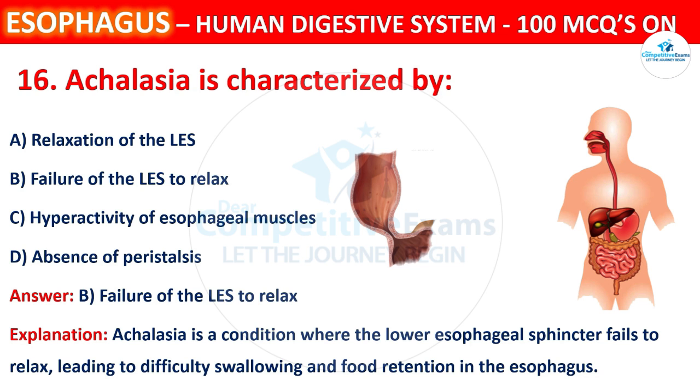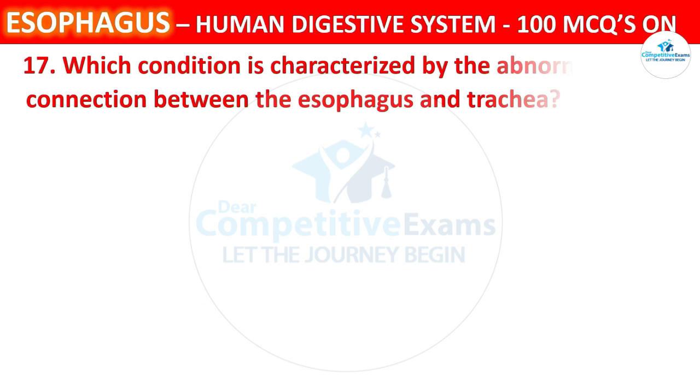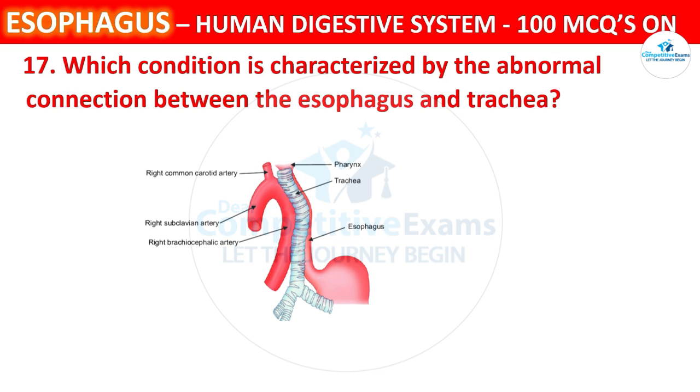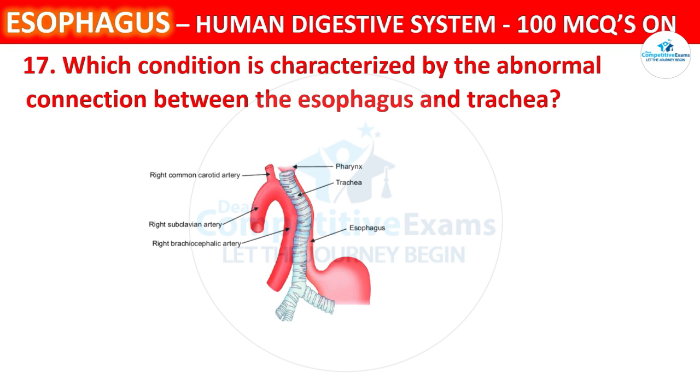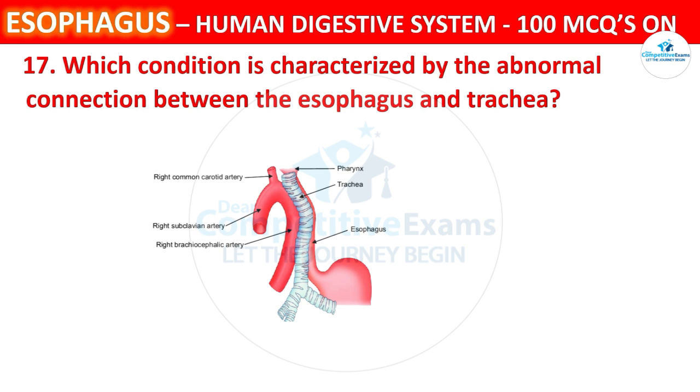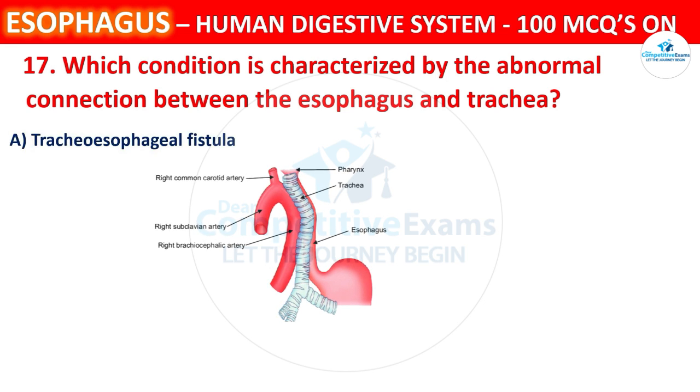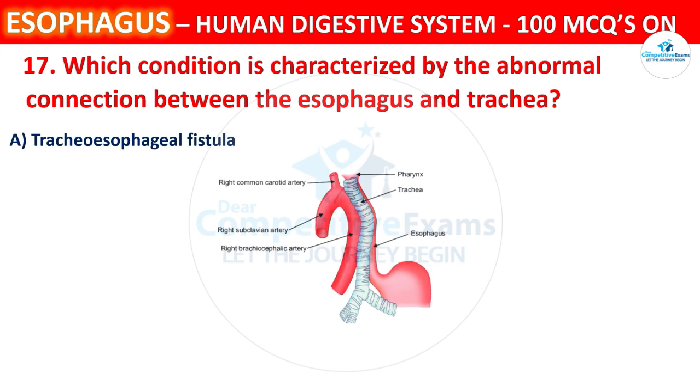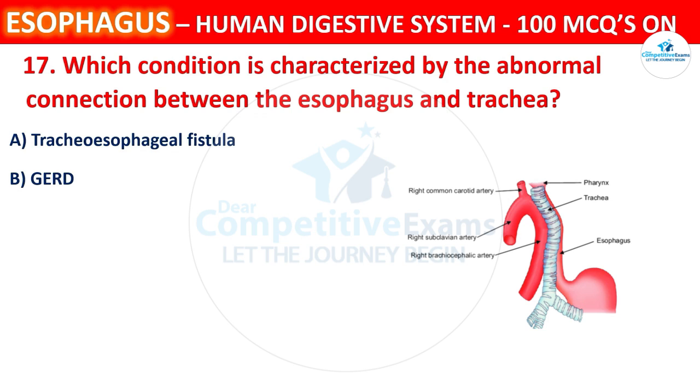Question number 17. Which condition is characterized by the abnormal connection between the esophagus and trachea? Your options are tracheoesophageal fistula, GERD, esophageal varices, or hiatal hernia.